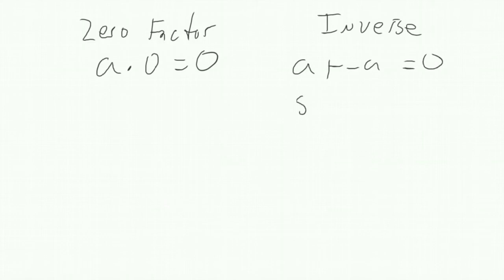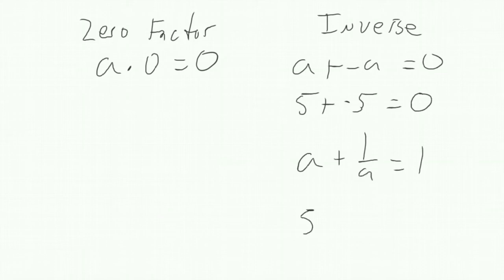So if I have 5 plus a negative 5, that equals 0. And there's one for multiplication. A times 1 over a equals 1. So if I have 5 times 1 over 5, that equals 5 over 5, which equals 1.